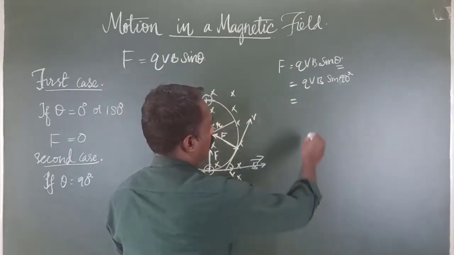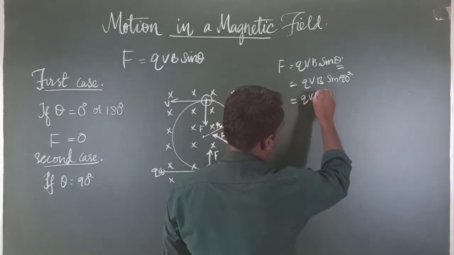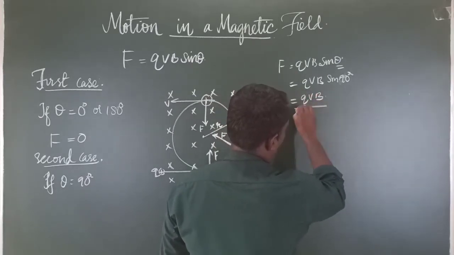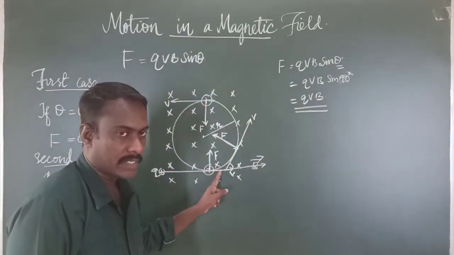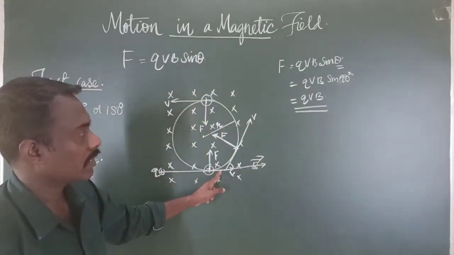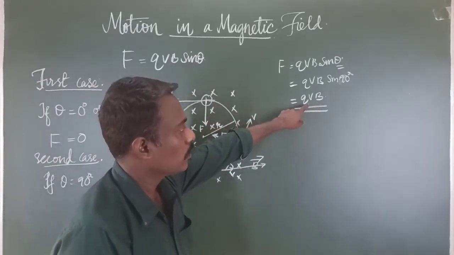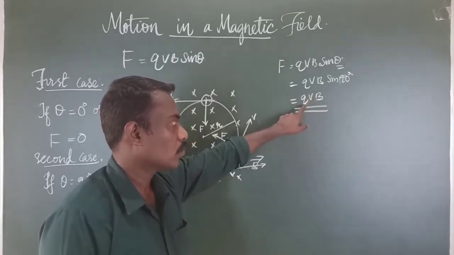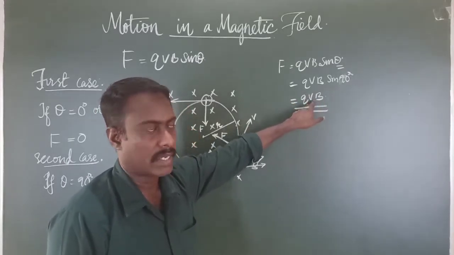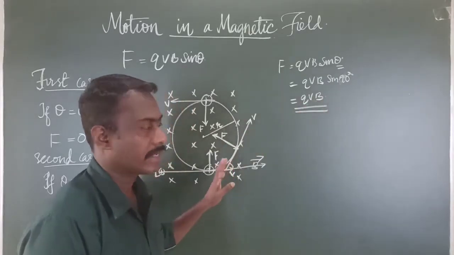So the force exerted on the moving charge will be Q into V into B. So when a charged particle enters an external magnetic field, the force exerted on that moving charge is QVB. So it depends upon the magnitude of the charge, the velocity, and the magnetic field.